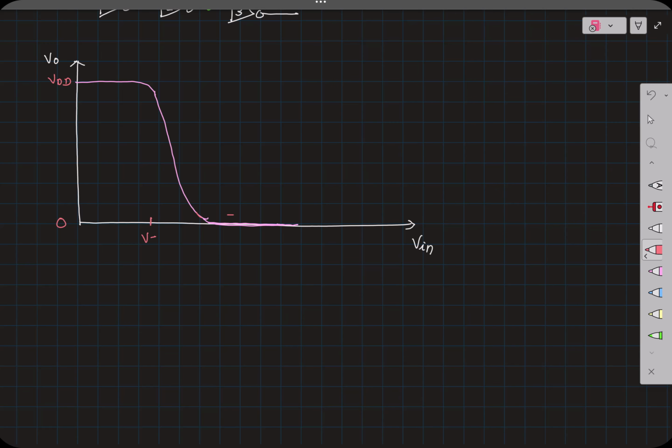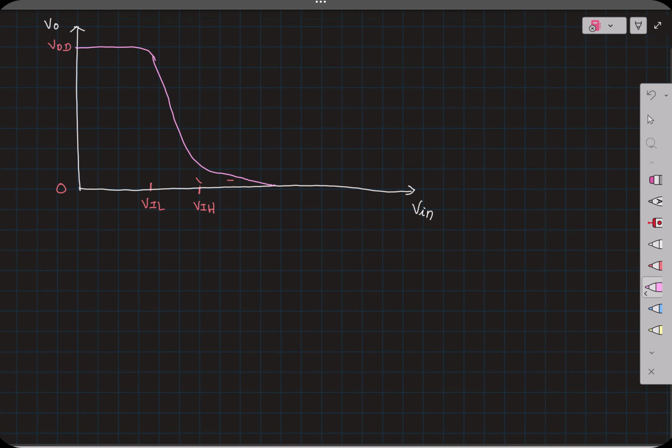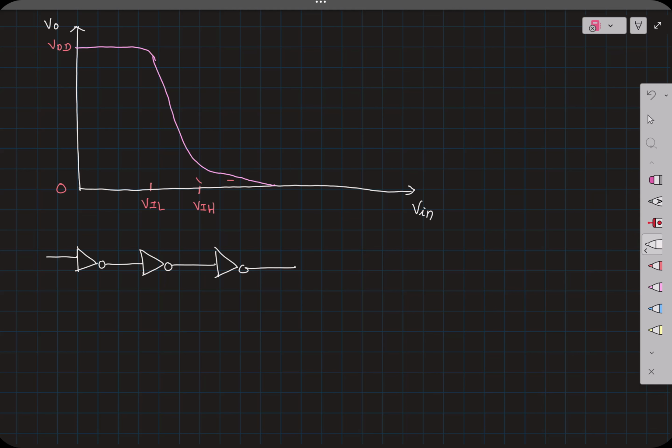I'm going to call this my VIL, and I'll call some voltage here my VIH. We take the inverter chain again. Let's apply V1 to the input. And let's say this V1 is logic 0, slightly smaller than VIL.